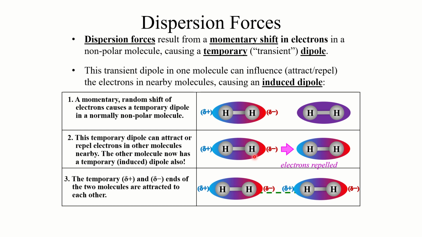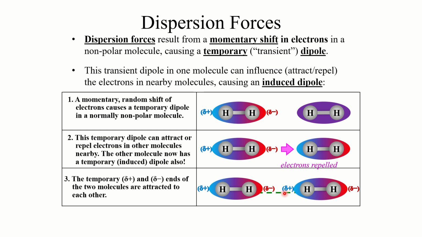So we've got that original dipole. Now this other molecule has that temporary induced dipole. And so now we've got the charges we need. We've got this temporary partial negative charge and this temporary partial positive charge. This attracts these two molecules to one another. And so this is how dispersion forces function.